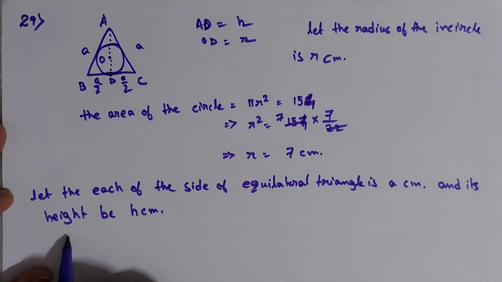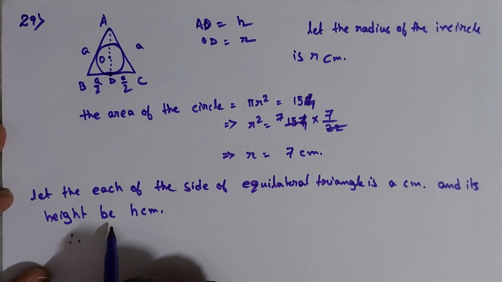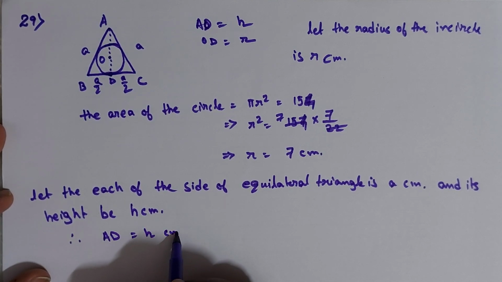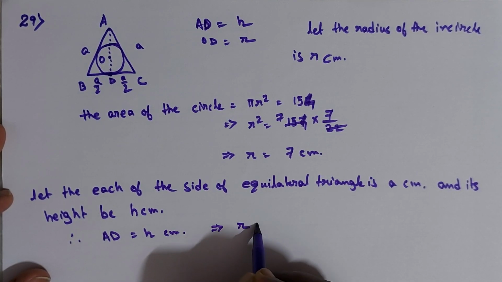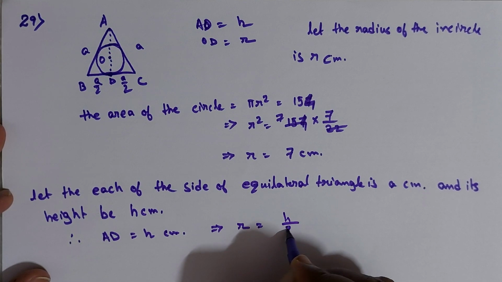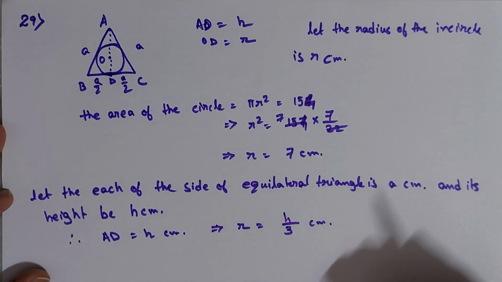Therefore AD equals h centimeter, or r equals h by 3 centimeter.